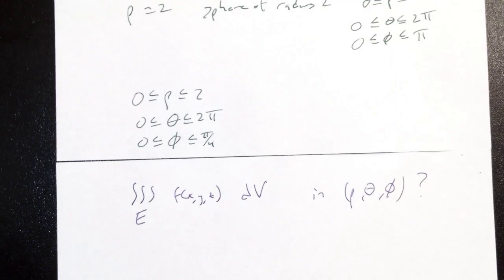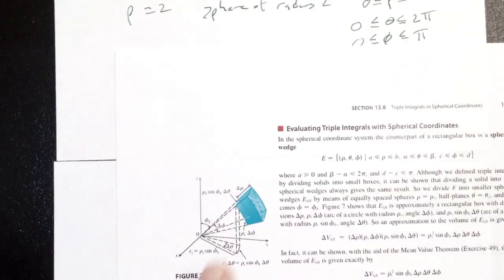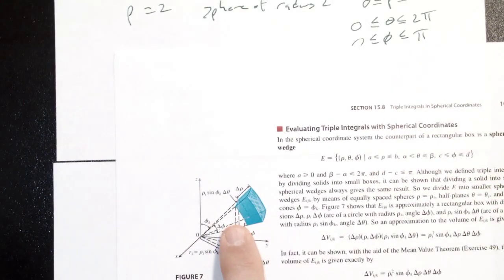My little box changes in two different directions. Page 1047. Not only does it change as theta gets bigger, it changes as phi gets bigger. It's a wedge that's got sloped sides, both left and right, as well as top and bottom. And then it's got the curve on the outside and the curve on the inside. My dv isn't a box, dv changed.